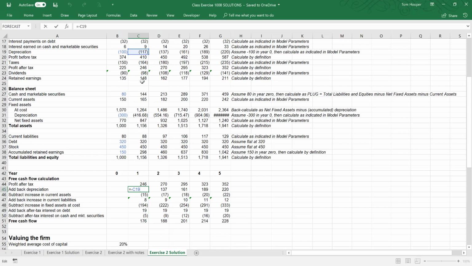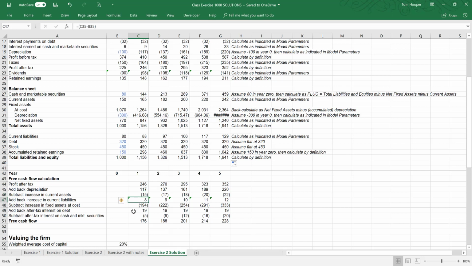Depreciation was how much of the total amount of fixed assets at cost we were able to depreciate that year on the income statement. The change in fixed assets at cost was how much we actually spent on PP&E. So we'll reverse out the non-cash number and add in the cash number as a negative, subtract it out in his terminology. We do the same thing with the changes in current assets and current liabilities.